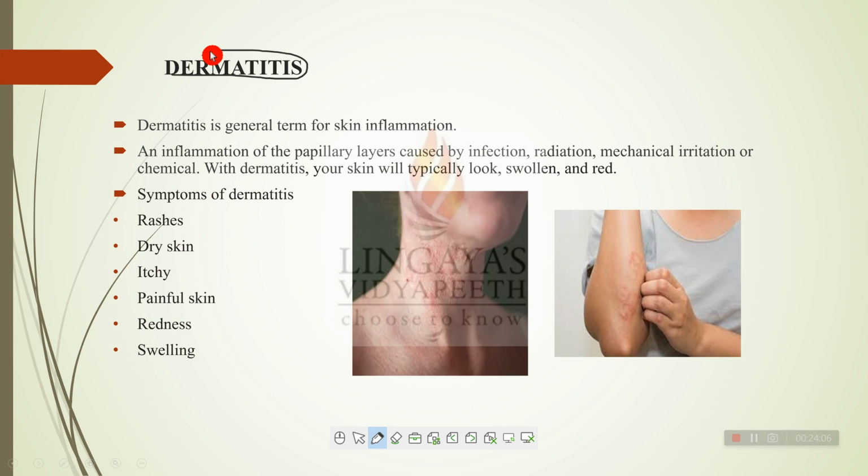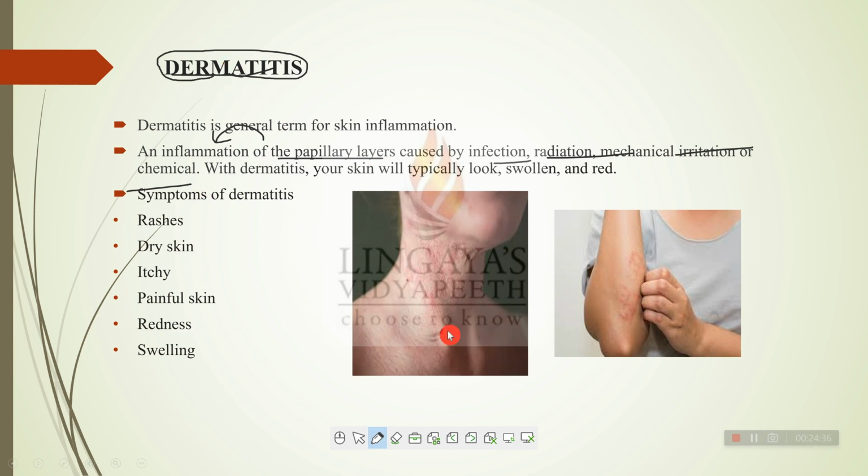Now here you can see the clinical condition associated with the dermis layer. You must have heard about dermatitis. So it is the general term for the inflammation of the skin. What happens in dermatitis? The papillary layer undergoes inflammation, which can be due to infection, radiation, mechanical irritation or any chemical.